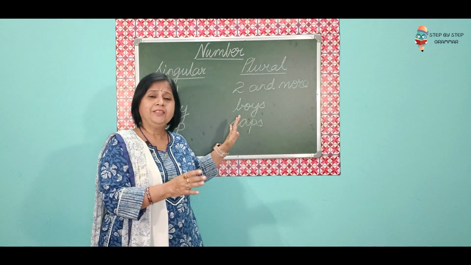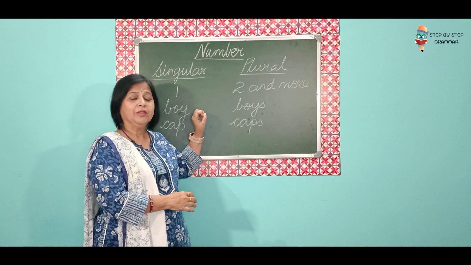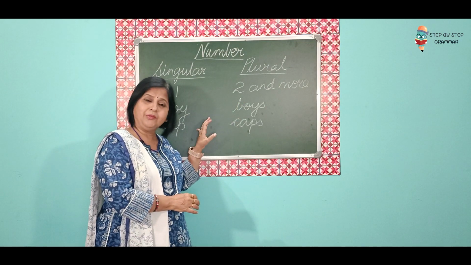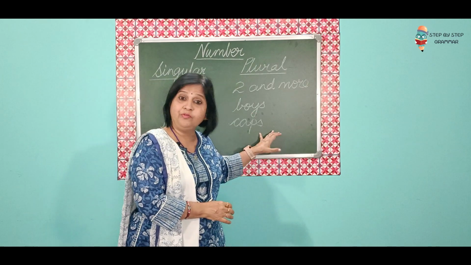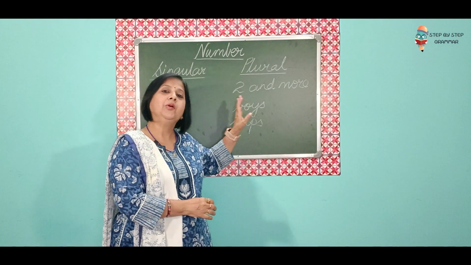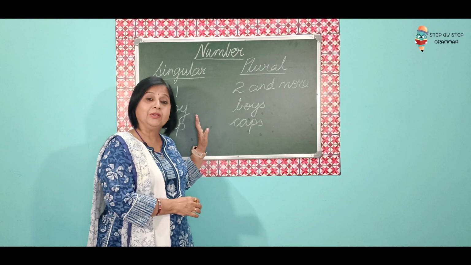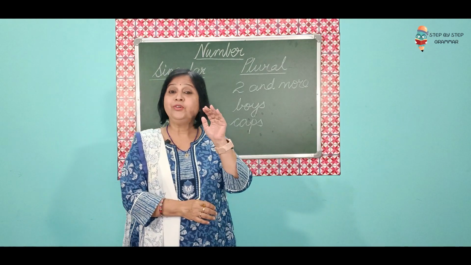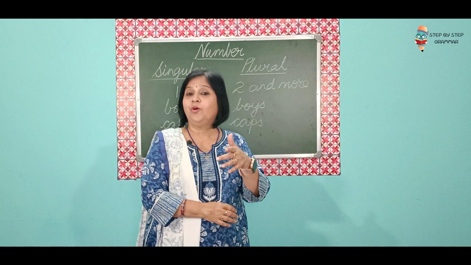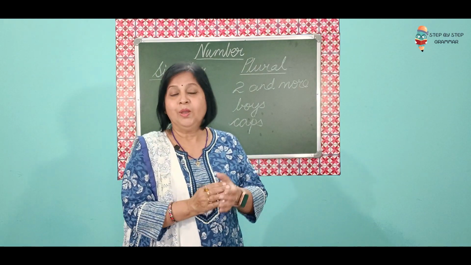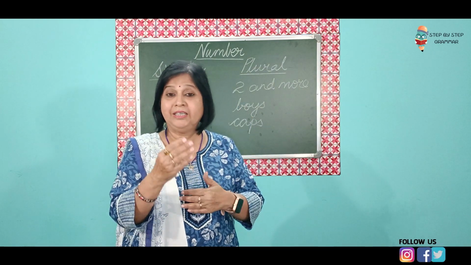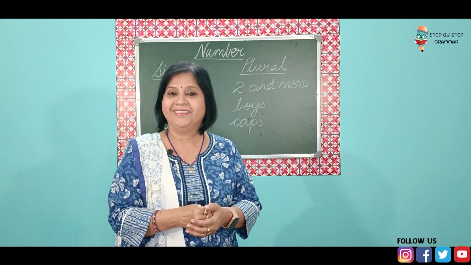Now, it is very easy to form the plural of any singular noun if we have the singular given, or if we have the plural form of any noun given, then also we can find the singular. There are certain rules to be followed while making the plural of any noun. One by one, let us see what these rules are.